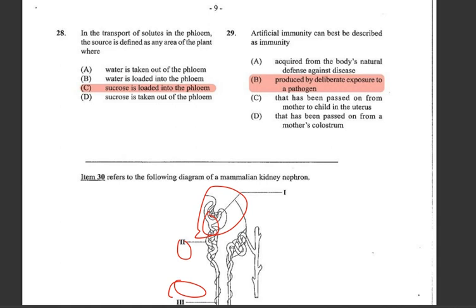Artificial immunity can be described as immunity resulting from deliberate exposure to a pathogen. A pathogen is a type of harmful organism, and normally we identify it, for example, as a disease, caused by any organism's disease that is host. So that would be the answer.